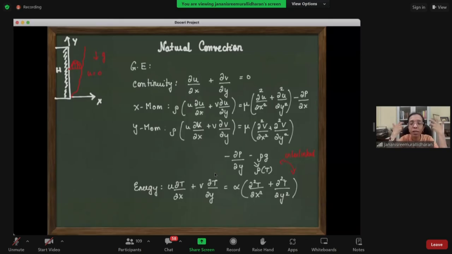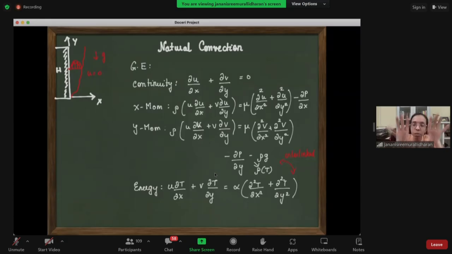Purely there is only a temperature-driven condition where the density is changing, and that is what is driving the flow. But solving a compressible equation becomes very tedious. So for natural convection, there is an intermediate assumption that is made, which will help you work in the incompressible framework.